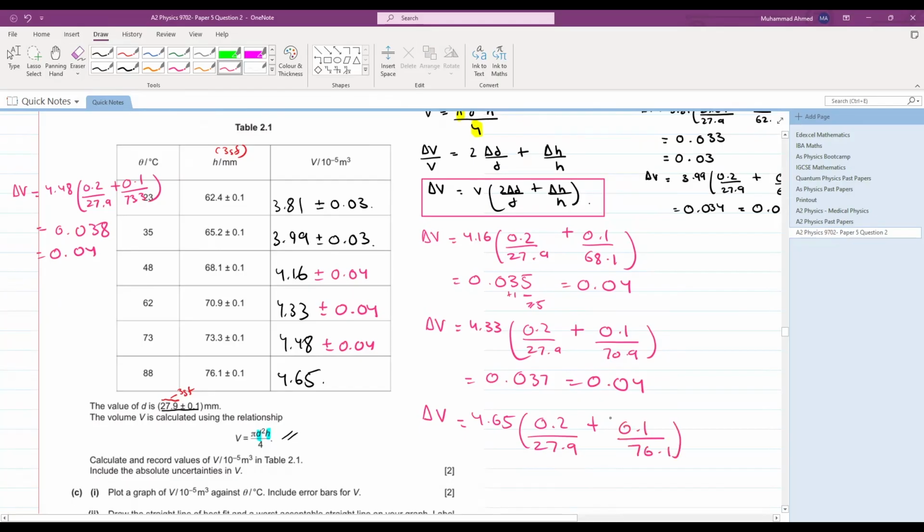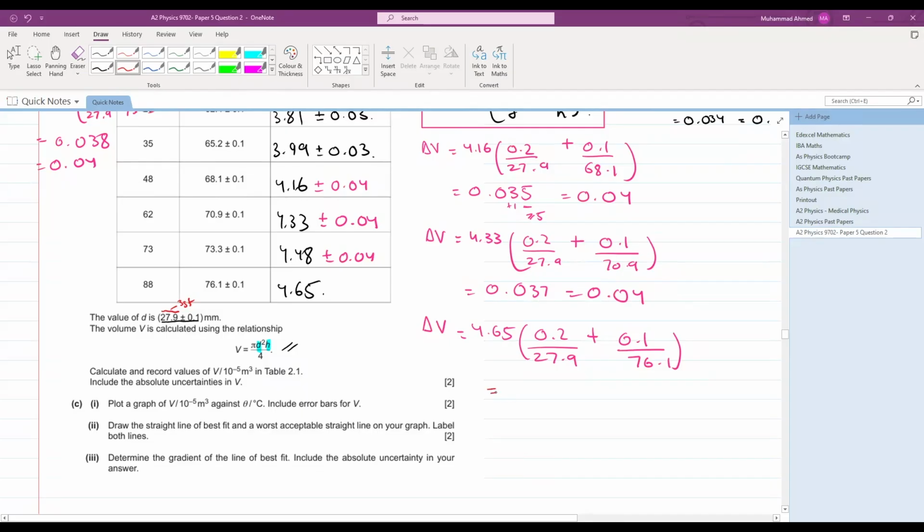If I get all of these values correct, I will be really, really happy. Let's see. It is quite a lot of hard work here. 4.65 divided by 0.1. Okay, so the answer to this is 0.039, which is roughly equal to 0.04. Let's write it here, plus minus 0.04.